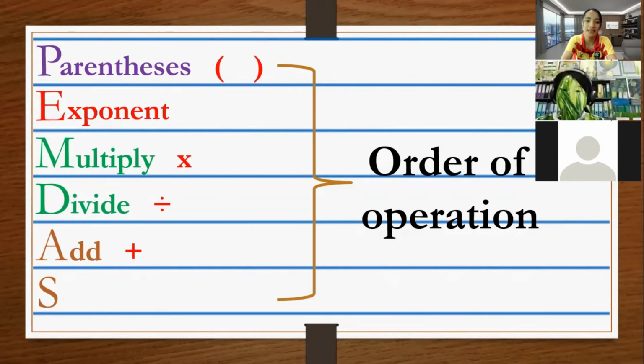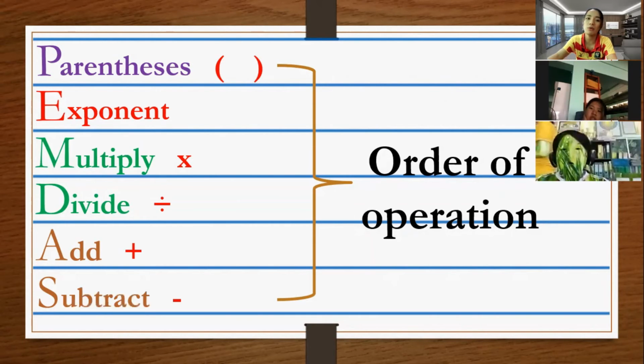And S stands for what? S stands for subtraction, or minus. So when we are solving, we follow this. If we don't have the parentheses, let's check for the exponent. But if we don't have P and E, we always solve the numbers that have multiplication, division, add, or subtract.